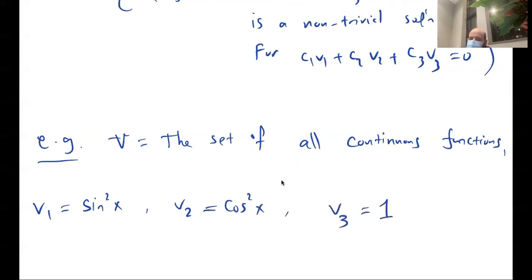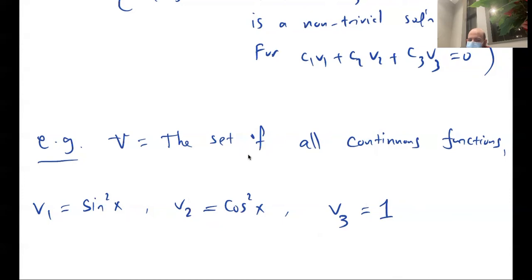When we say V3 equals 1, because this vector should be an element of this set, this should be a continuous function. And when we say V3 equals 1, we mean as a constant function. 1 as a constant function is, of course, a continuous function. And cos squared x is also a continuous function, and sine squared x is a continuous function. So these are elements of this set.